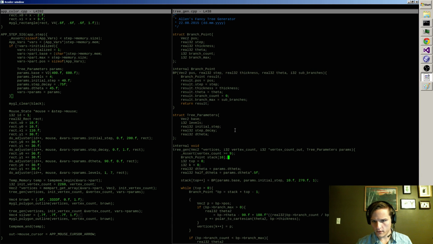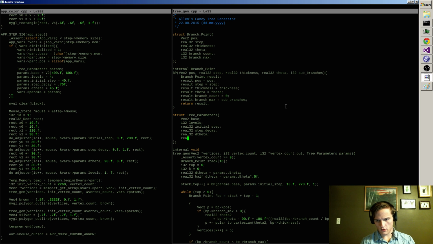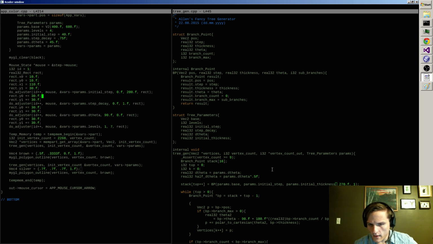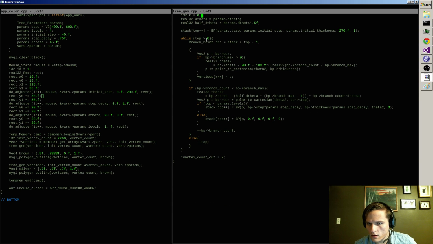That's hard-coded. So let's put initial thickness in there. And then down there it's just a decay.